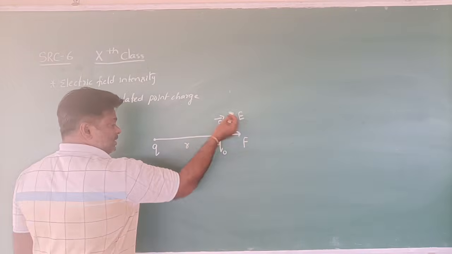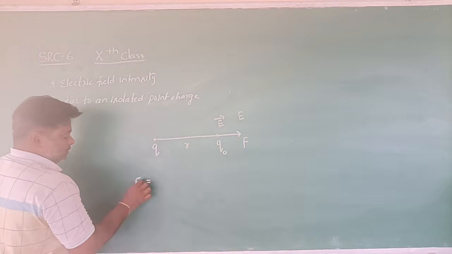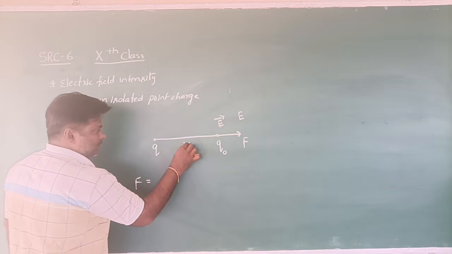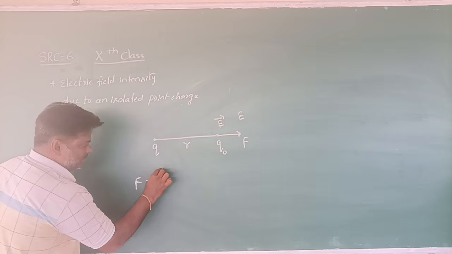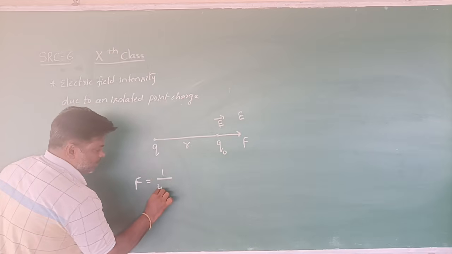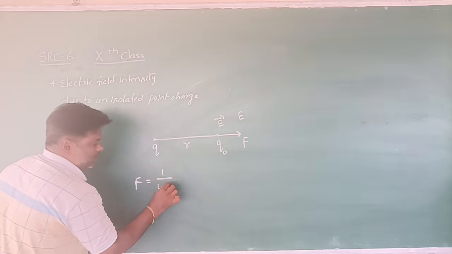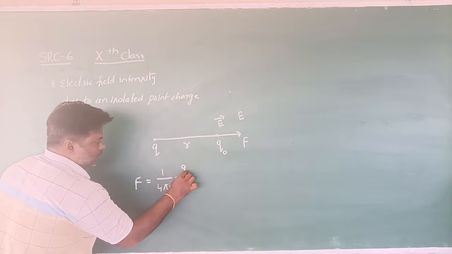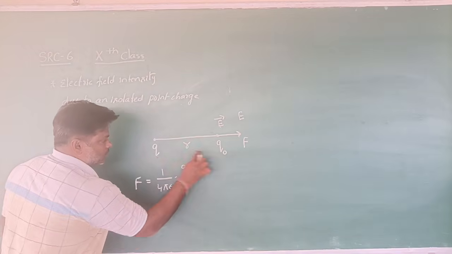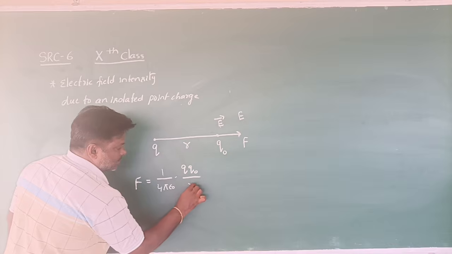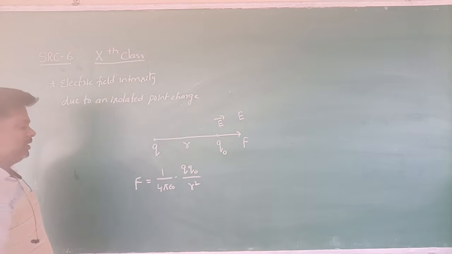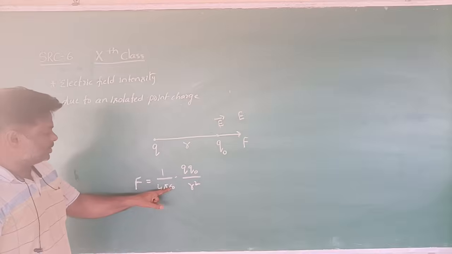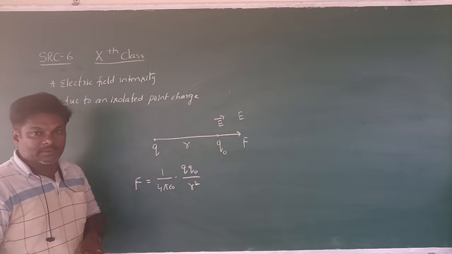Now we are going to get the magnitude. First of all, we need to write the expression for the repulsive force. F is equal to 1 by 4 pi epsilon naught, q into q naught by r square.